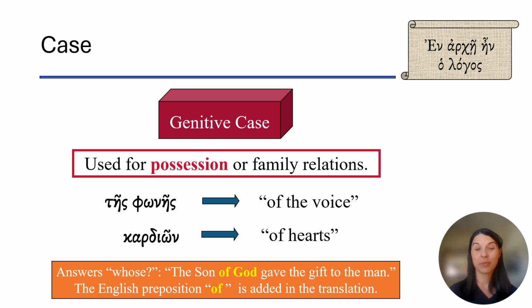However, if you were going to talk about someone's voice or someone's heart, you would use the genitive case. And that changes the ending that goes on those words. So here you would have tes phones, of the voice or voices, and cardion, of hearts. This answers the question whose. So a lot of times you will see the word of added in the translation when you're using the genitive case.